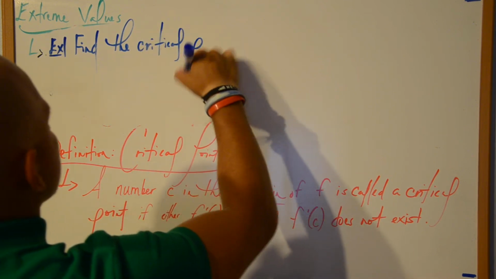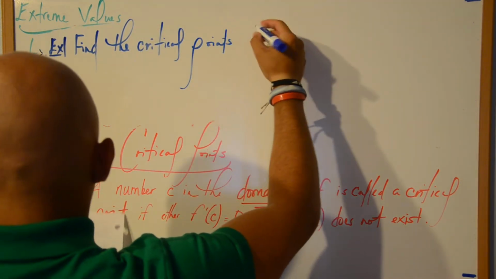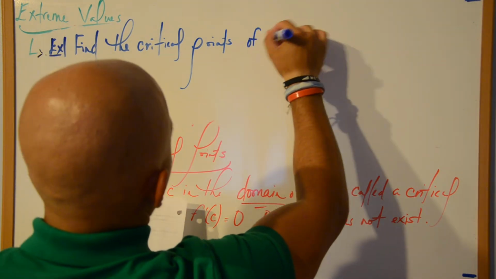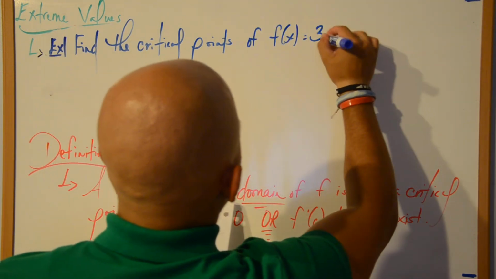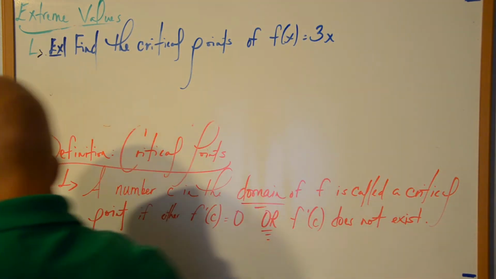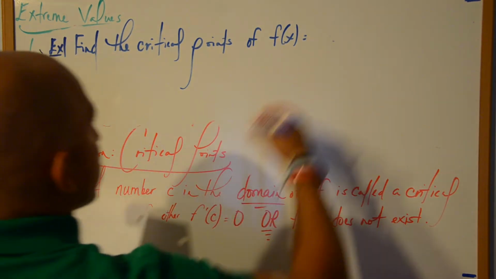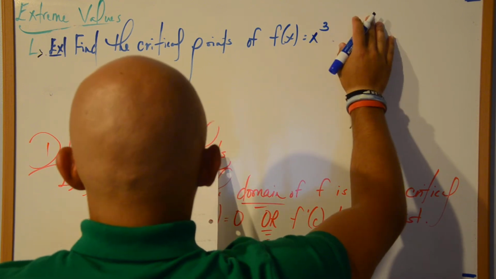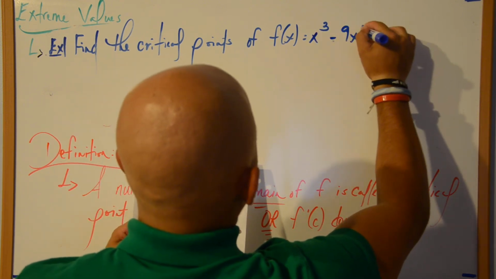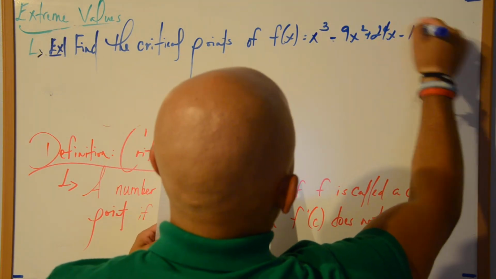Find the critical points of this cubic. Whoops. I'm already jumping ahead to deriving this bad boy. x cubed minus 9x squared plus 24x minus 10.